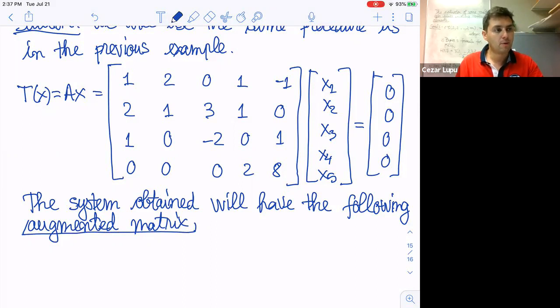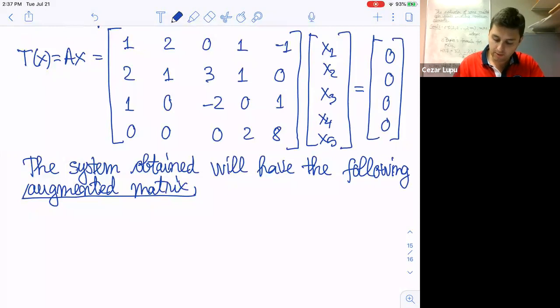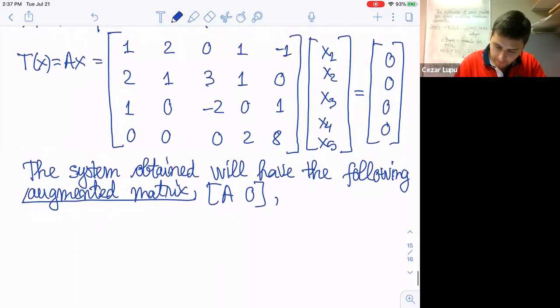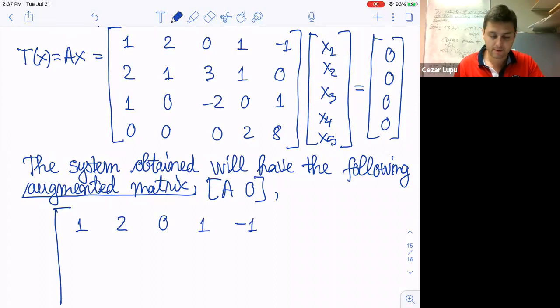And let's write it. Well, it's kind of easy to write. The augmented matrix, so it's A0, which will be given by the following. On the first row, we'll have 1, 2, 0, 1, negative 1, 0.